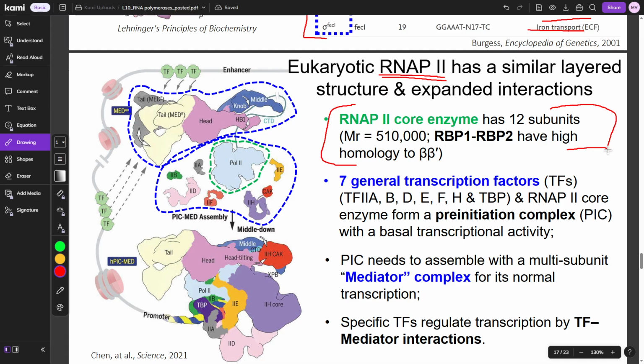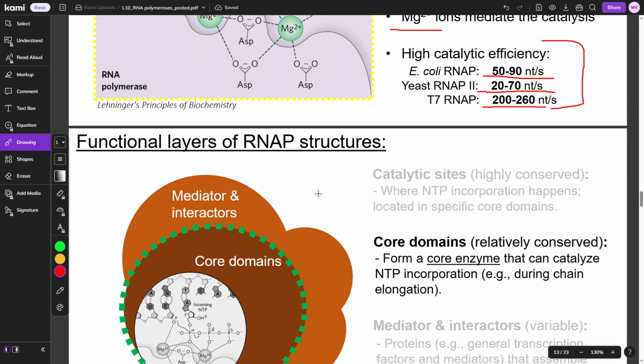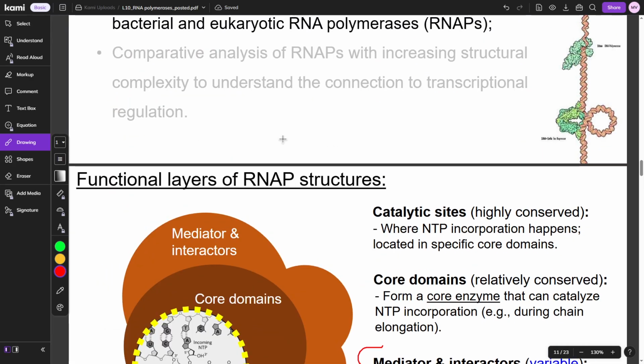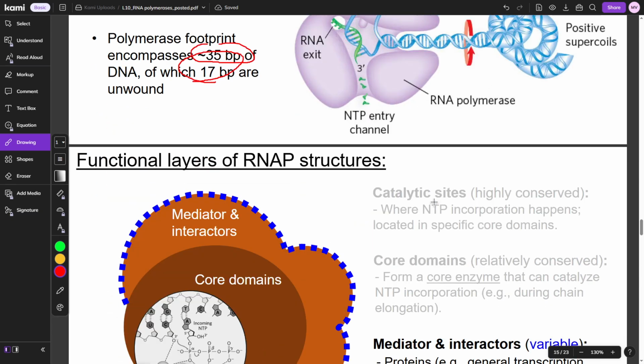But the catalytic domain is RBP1 and RBP2, and they have high homology to the beta and beta prime from the RNA polymerases in prokaryotes. Also, keep in mind that the polymerases we talked about up here are generally prokaryotic, although they do apply to eukaryotes as well.